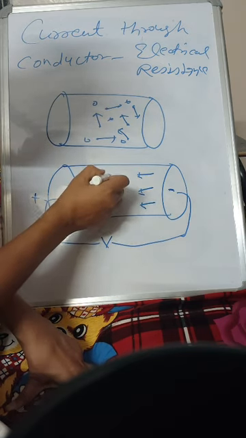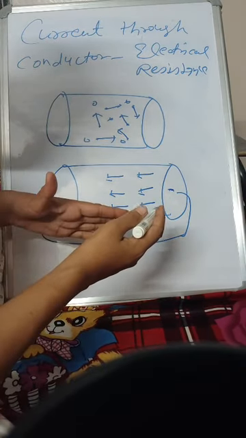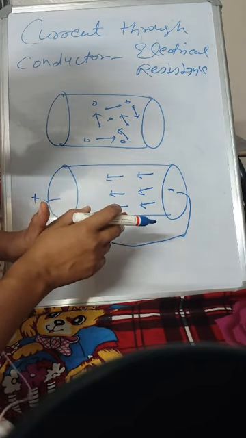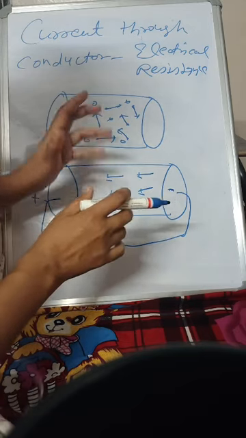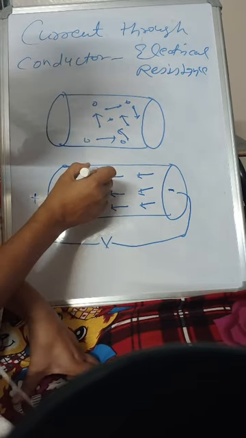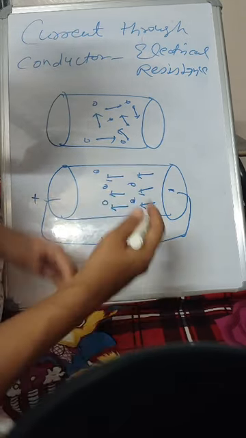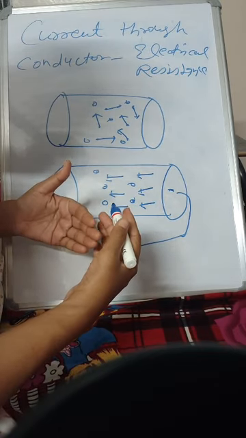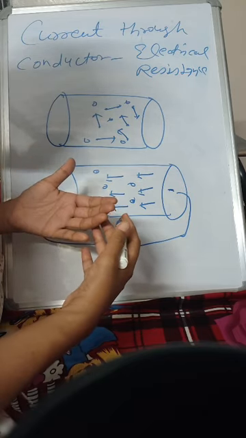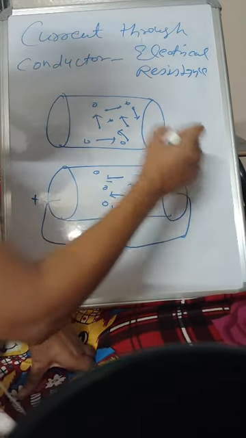The speed with which they drift is called the drift velocity of electrons, and it is always less than the velocity of electrons in random motion, because when they drift, they also collide with the atoms or the ions of the conductor, and because of this collision, they experience an obstruction or opposition.